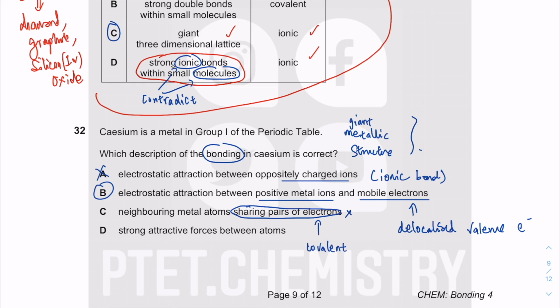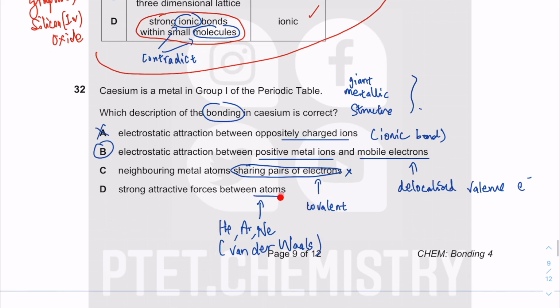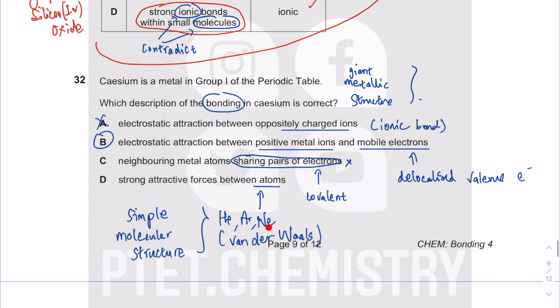And strong attractive force between atoms? This is like argon, helium, neon. That is van der Waals, between atoms, for noble gases. They are simple molecular. Yes, they exist as atoms, but their structure is simple molecular structure. All the noble gases exist as single individual atoms, not molecules, because they do not need to share, lose, or gain electrons.